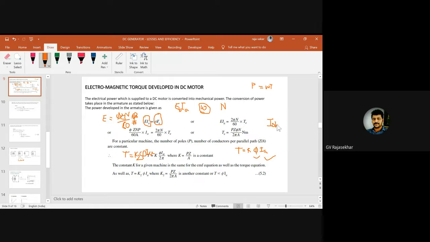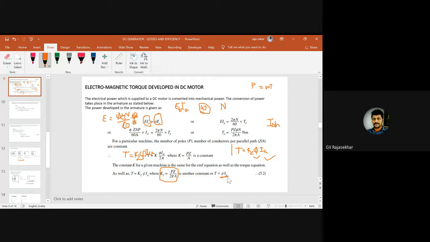So this is the expression for torque. T is equal to k2 into phi Ia, where k2 is equal to Pz by 2 pi a. So T is proportional to phi into Ia.